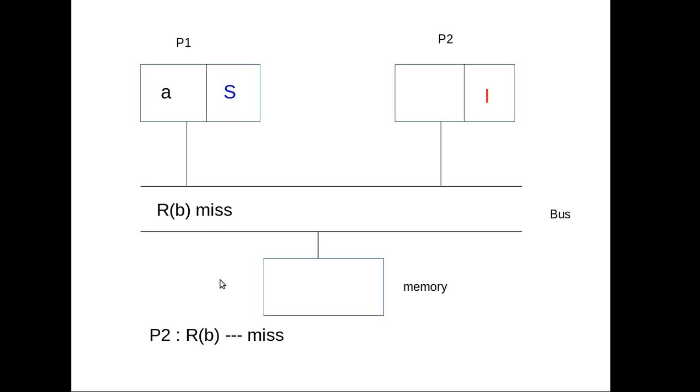So the read B miss was placed on the bus, and P2 gets data from the memory into its cache. And now the state of cache moves from invalid to shared again. So again here also, by read miss, we are moving from invalid to shared.